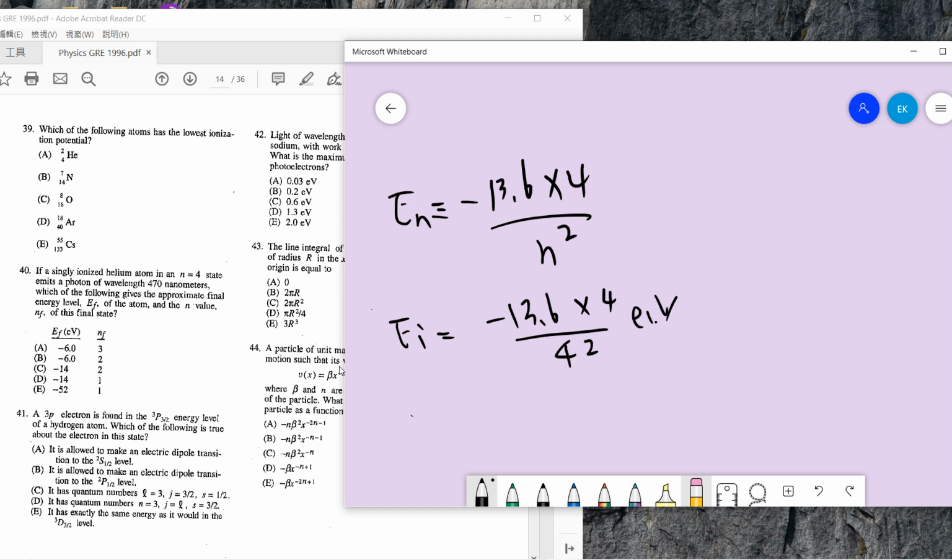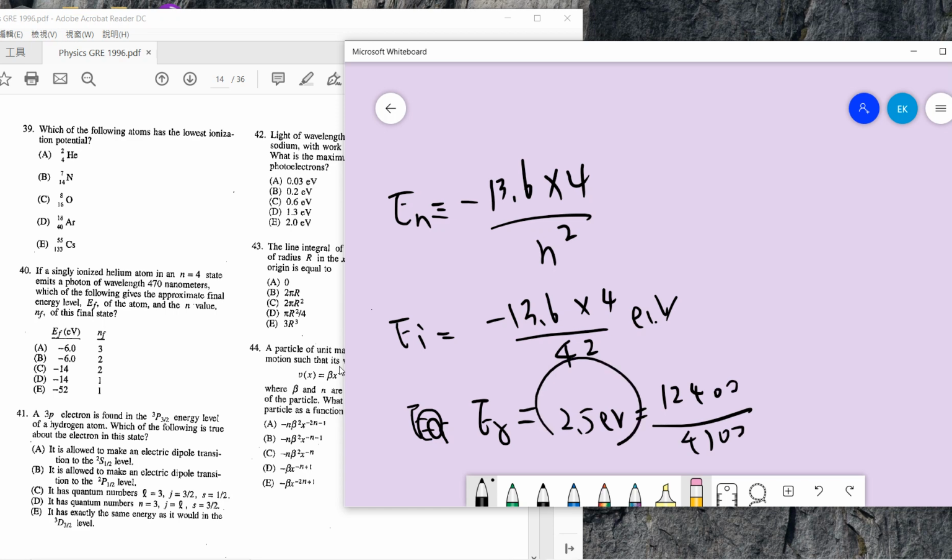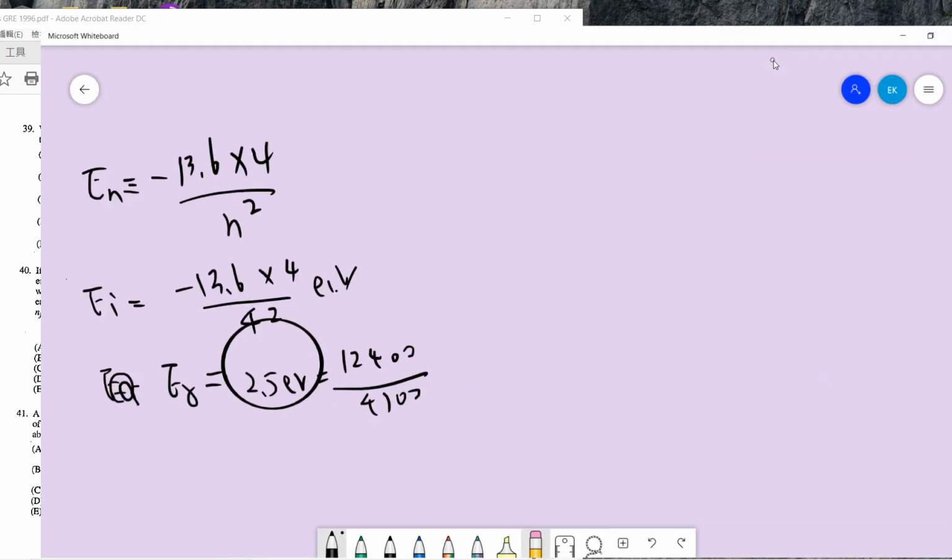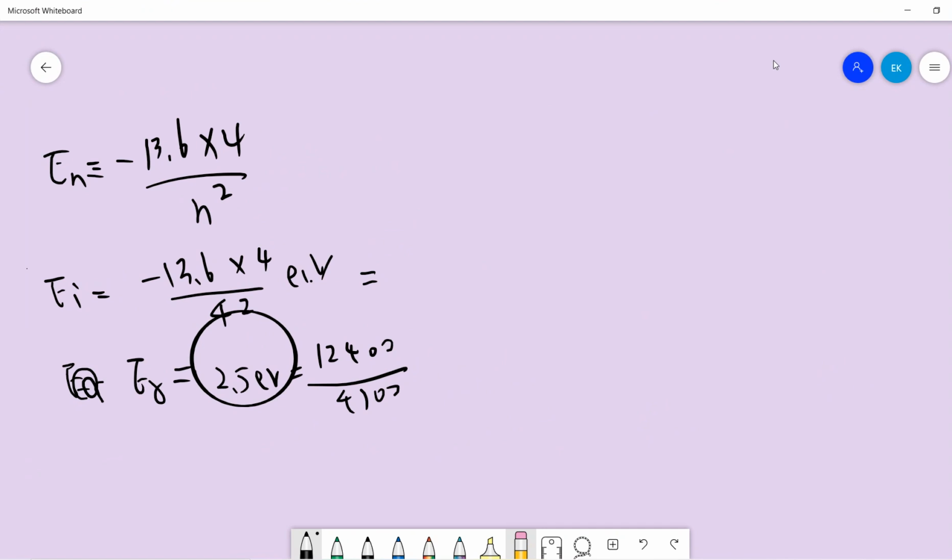So your photon energy can be computed. Basically, you can use this formula, this one divided by this, so it's close to 2.5 eV. Now we just need to solve for the final level. Suppose the final is some n_f squared.